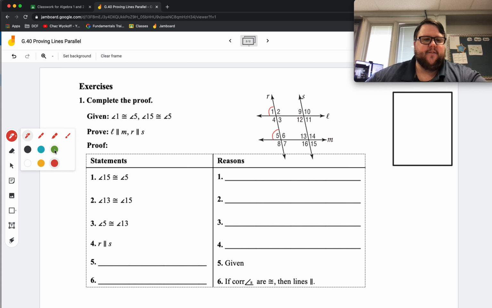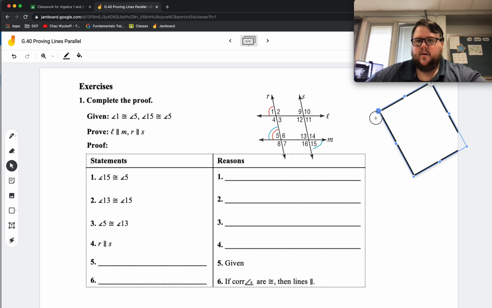The next thing they give us, I'll do this in blue, is angle 15 is congruent to angle 5. Now look at it this way. Turn this sideways.